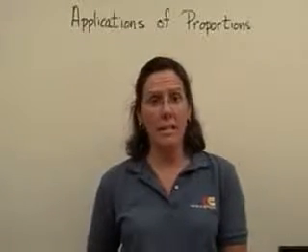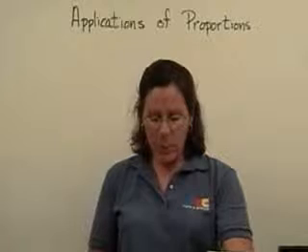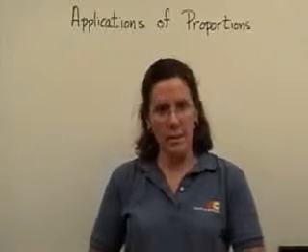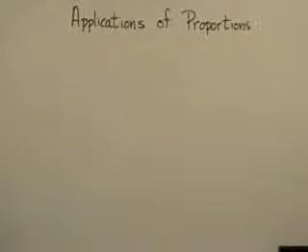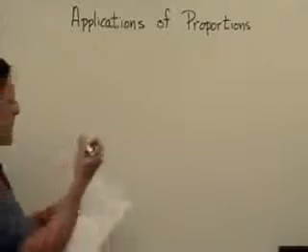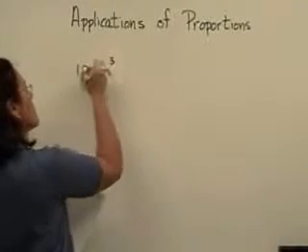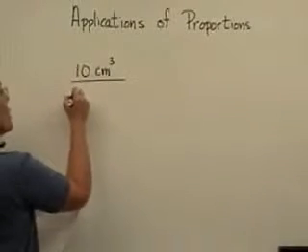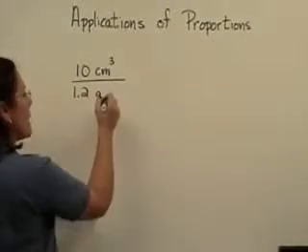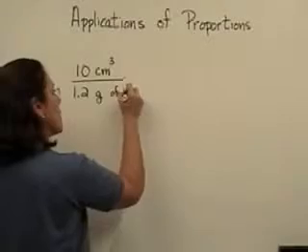Number 16 in this very same section, 5.6, is another good example of a direct proportion. It reads, 10 cubic centimeters of a normal specimen of human blood contains 1.2 grams of hemoglobin. How many grams does 32 cubic centimeters of the same blood contain? Let's go ahead and put the numbers down. 10 cubic centimeters contains 1.2 grams of hemoglobin.